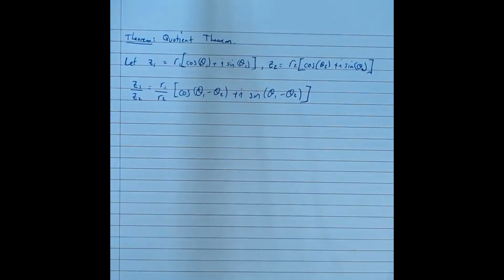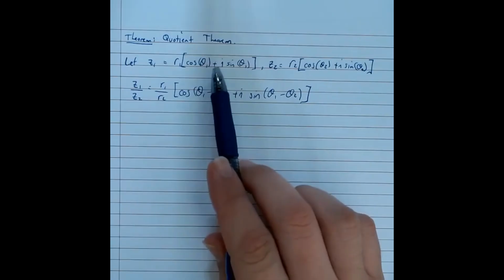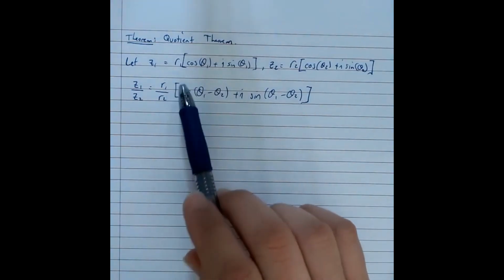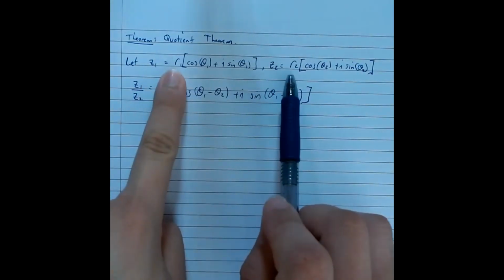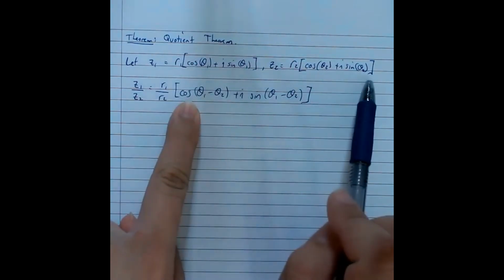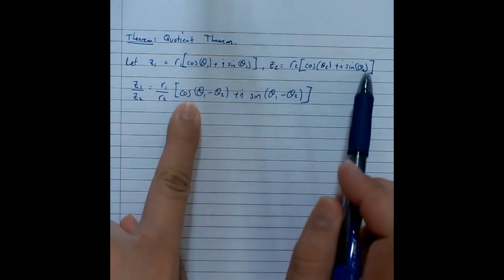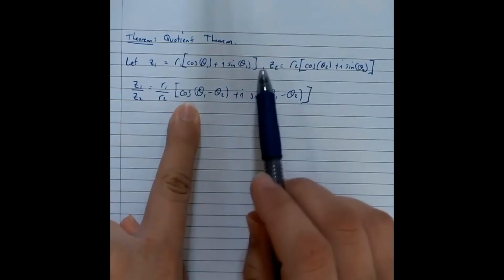We're going to forego the proof of this one, mostly because it's almost exactly the same as the proof of the product theorem. Here what you would do is, if I put this one over this one, R1 over R2, well, we just leave that alone. What we can do is take this bottom one and multiply by its conjugate, and that'll turn it into a real number.